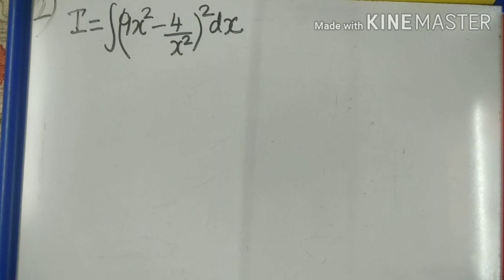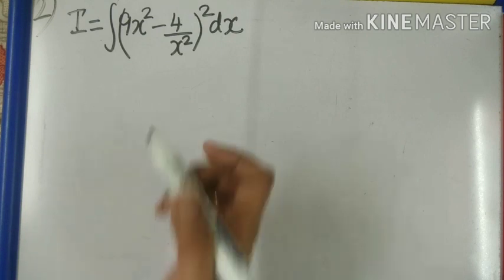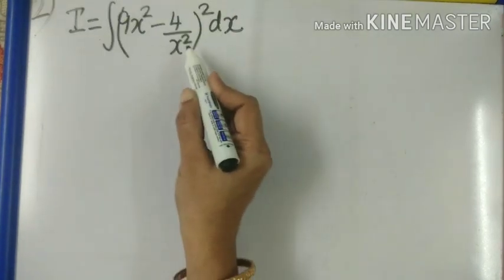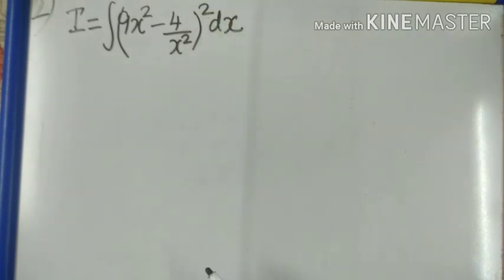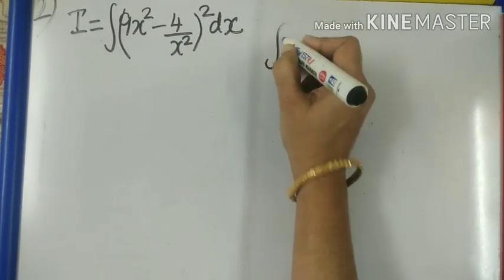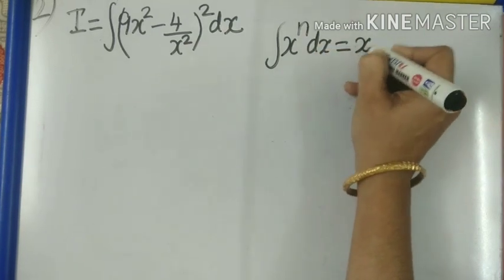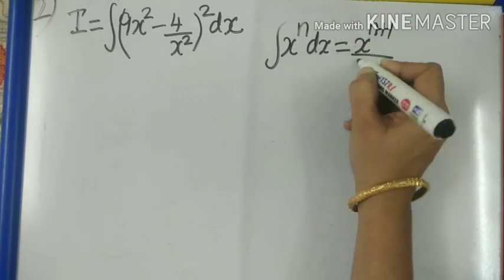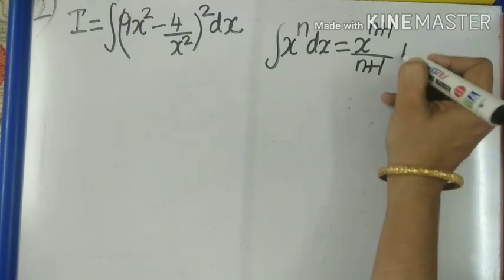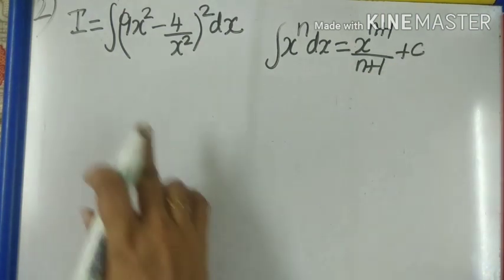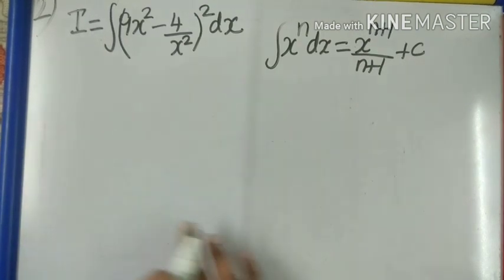Question number 2. I is equal to integral of (9x square minus 4 by x square) the whole square. Can I apply this formula? Integral x power n dx is equal to x power n plus 1 by n plus 1 plus c. Mustn't forget. Now, can I apply this formula directly?